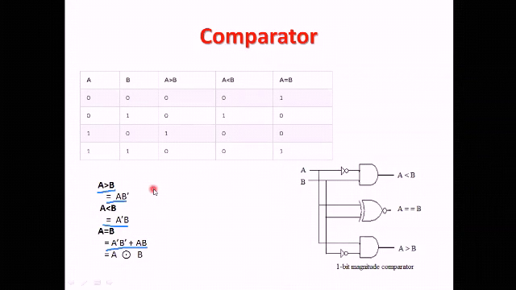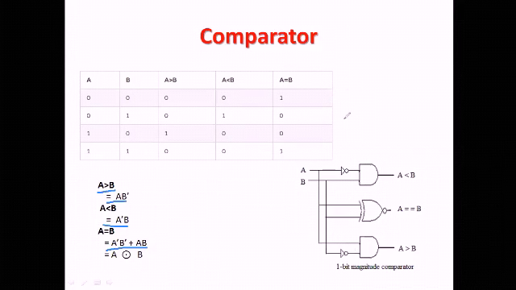Now next is drawing the logic diagram of a 1-bit comparator. So this one is A. From here we will be implementing the logic diagram of a 1-bit comparator using 1 2-input AND gate, 1 XNOR gate, and again 1 2-input AND gate, and 2 inverters will be used.